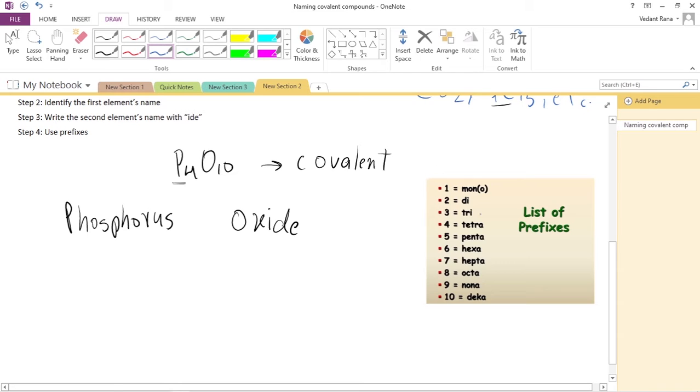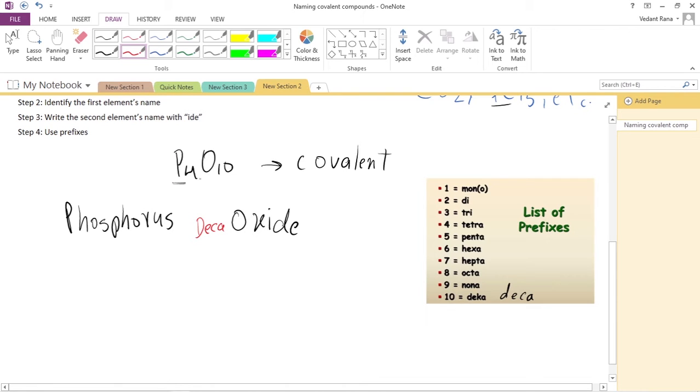Di means 2. So if I write dioxide, that would tell me I have 2 oxygen atoms in this compound. But we can see that we have 10 oxygen atoms. So we're going to write deka. This is sometimes also written as deca. In some lists, deca is given as DECA. So we're going to write deca oxide.